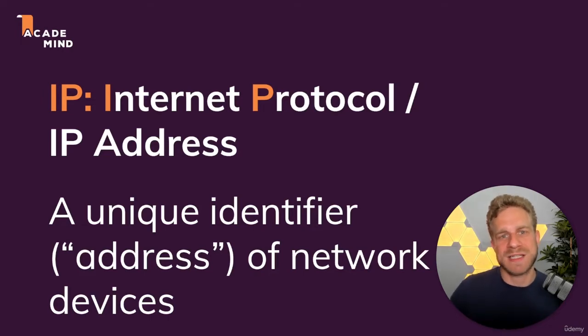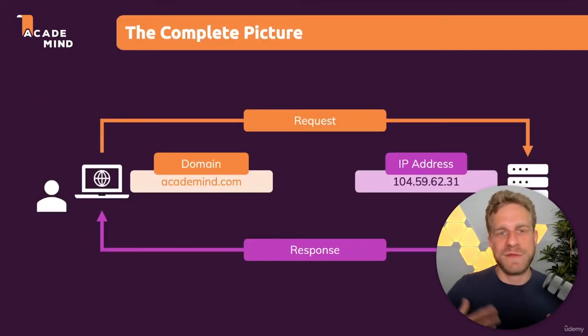Now, IP addresses look something like this, and therefore, of course, they are pretty hard to memorize for humans. But every device in the internet, including your computer, has such an IP address. And these IP addresses are actually needed for establishing connections and talking to each other.